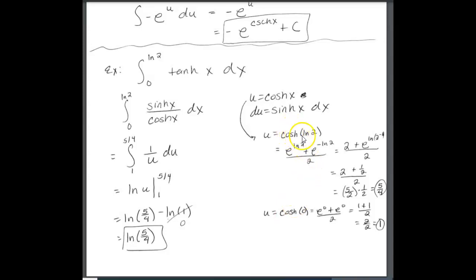So hyperbolic cosine of natural log of 2 for that upper limit would become e to the natural log of 2 plus e to the negative natural log of 2 all over 2. So e to the natural log of 2, right? The natural log has base e, so this simplifies to just a 2. The log property tells me that the coefficient negative 1 can be moved up to the exponent, so I can rewrite it as natural log of 2 to the negative first.